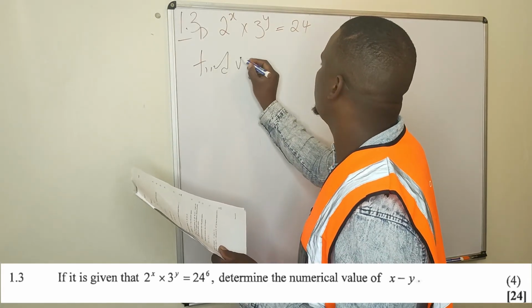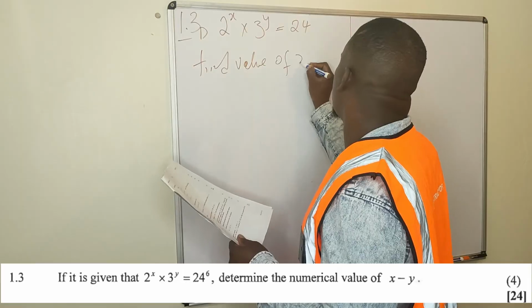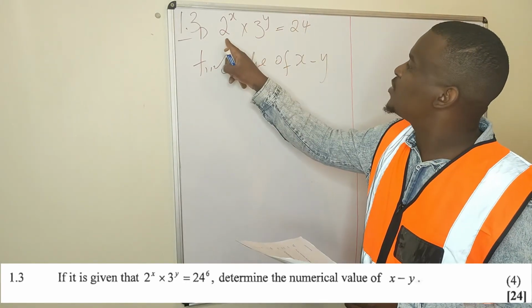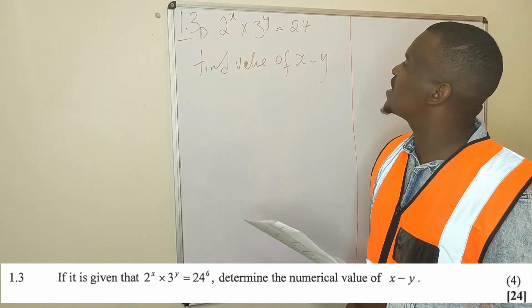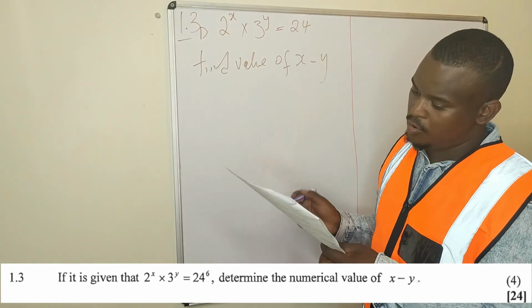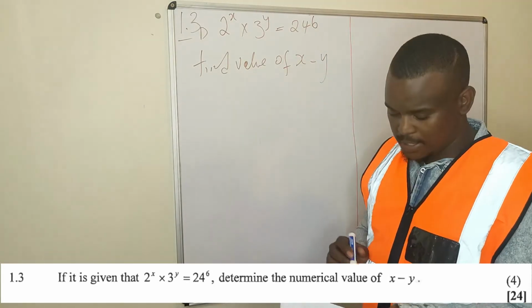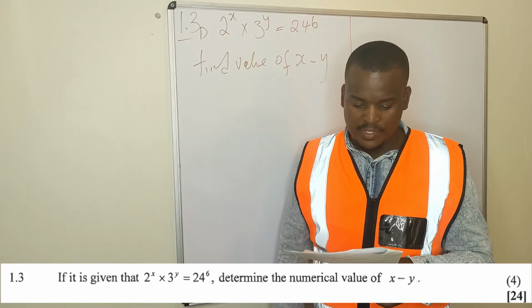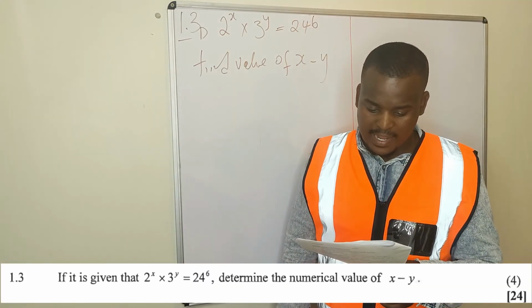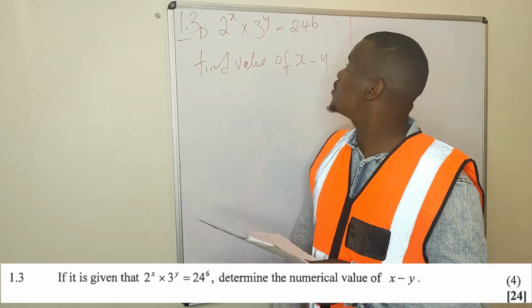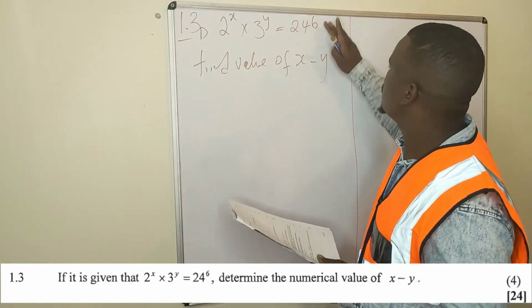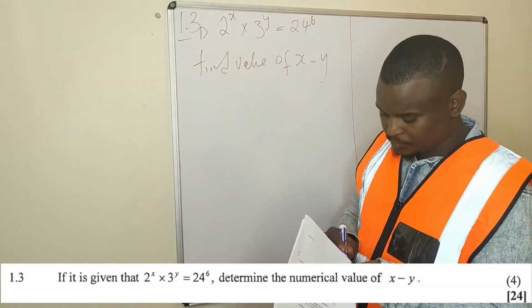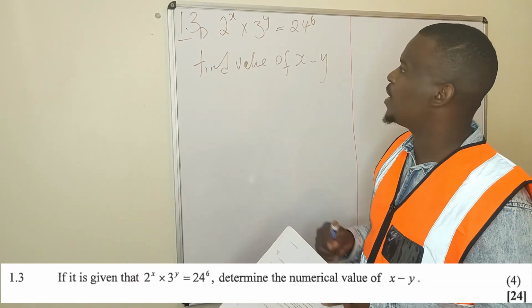So it is given that 2 raised x times 3 raised y is equal to 24 raised 6. So it's 24 to the power 6.